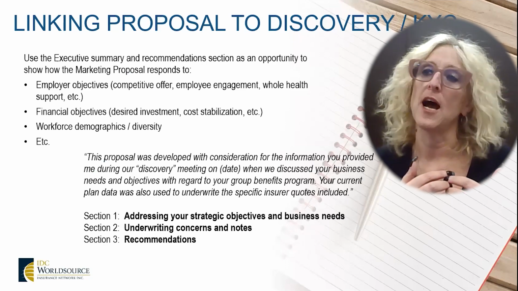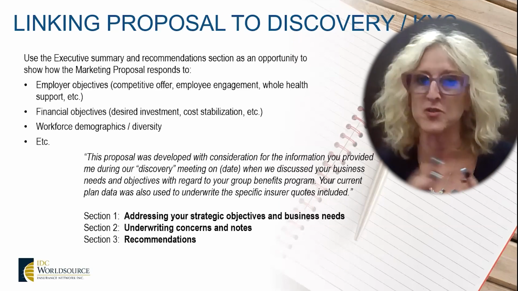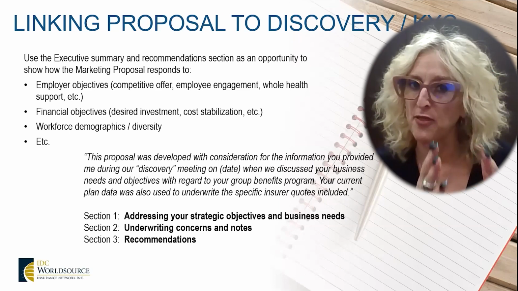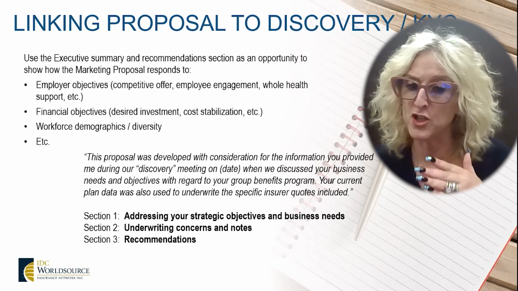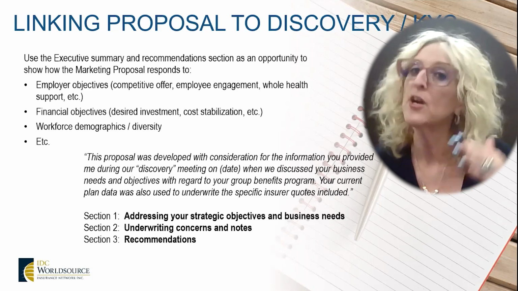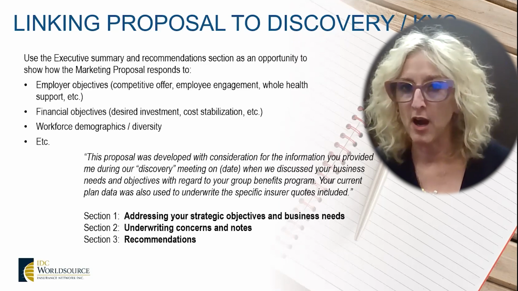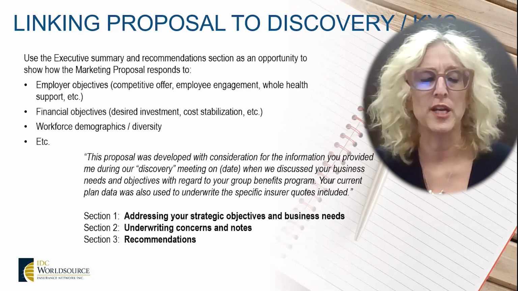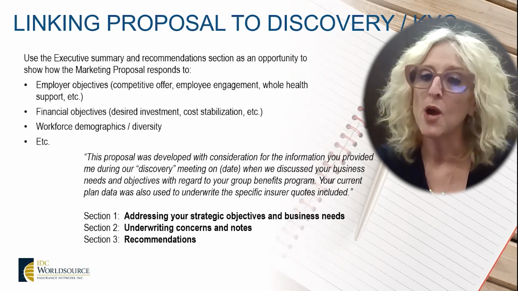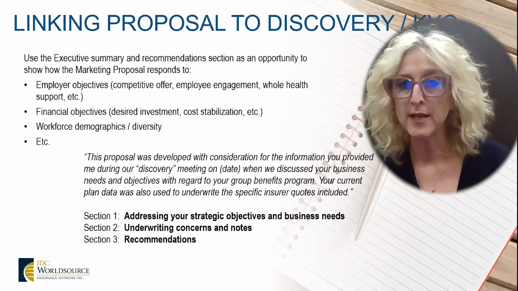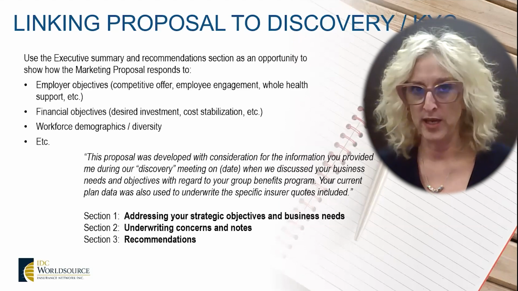If you've given us a business case, let's say we've gone out to 5 or 6 carriers that might have fit the mold or the demographic of the group, or maybe some insurance carriers that we know are best suited for this type of client, then you're going to see that outlined on our executive summary or marketing proposal summary. That doesn't mean that we're showcasing all of those carriers. We may only showcase 2 or 3, but we've put them all in there so that you can see who the carriers are that we went to.